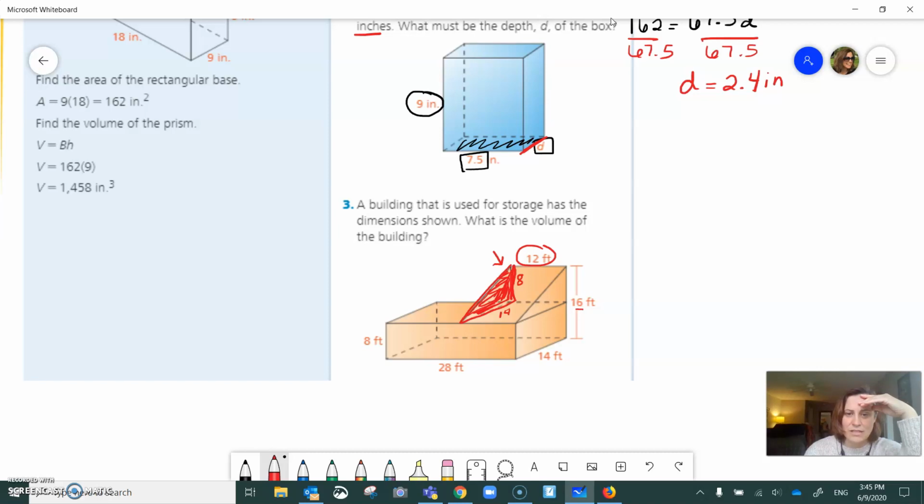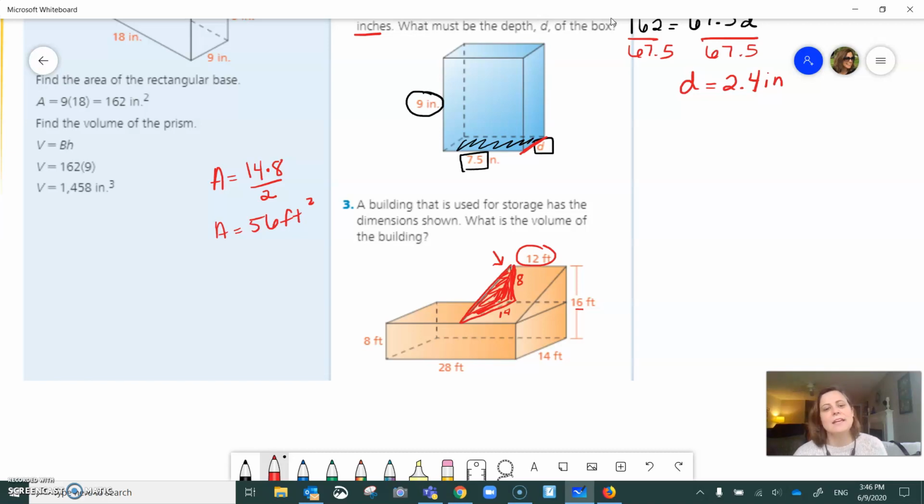So it's going to be 14 times 8, cut in half because it's a triangle. So the area of that triangle is length times width divided by 2, which I think is 56 feet. Let's check. 14 times 8 divided by 2. 56.